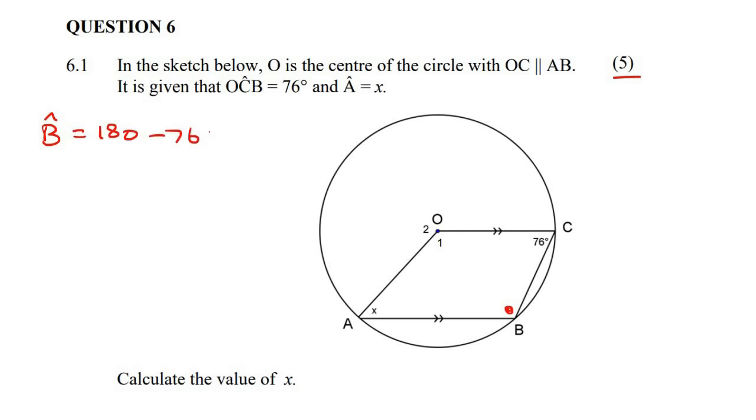Remember that co-interior angles are not equal, but they sum up to give you 180. We could say here co-interior angles, because the line OC is parallel to AB. So then that means that angle B will be 104 degrees.